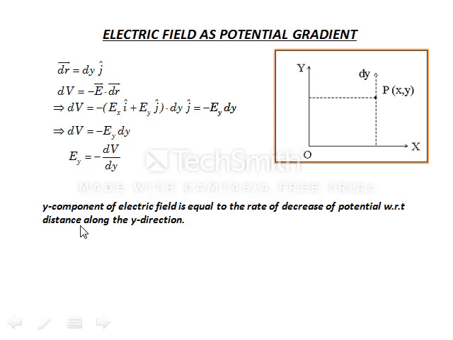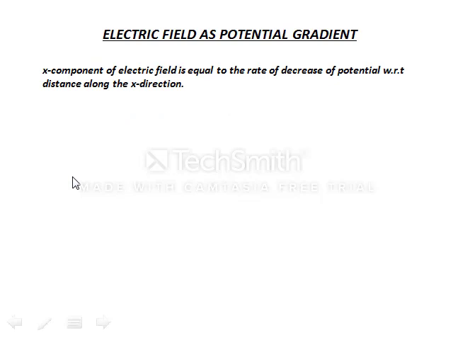Anyway, now let us conclude. The x component of electric field is equal to the rate of decrease of potential with respect to distance along the x direction. And we have the formula: Ex is minus dV by dx.